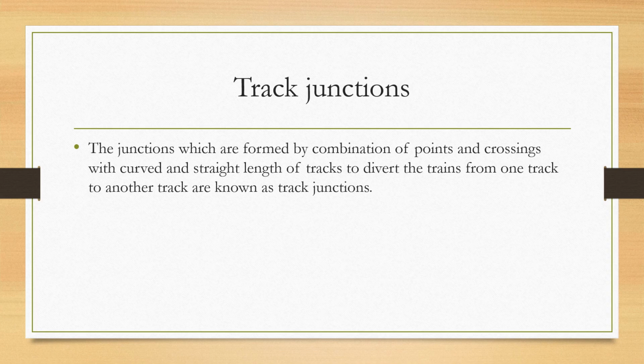Three-throw switch. The arrangement made to take off two turnouts from the same point of the main track is called a three-throw switch. This type of track junction is with similar flexure.